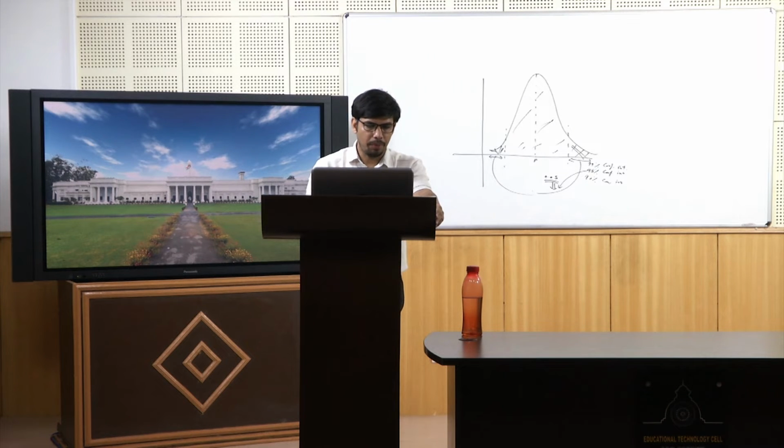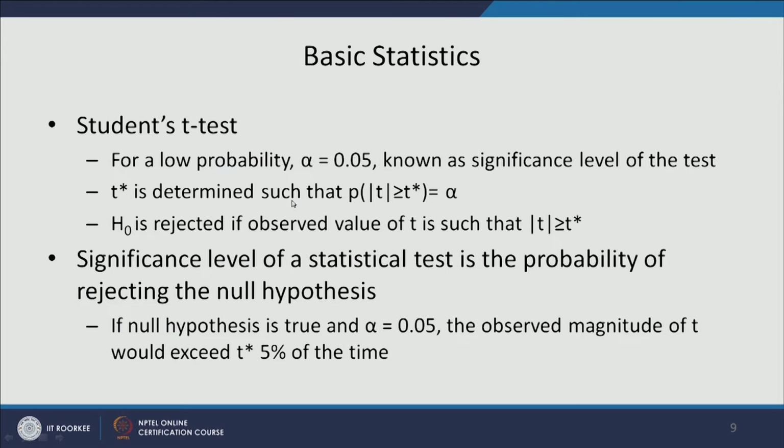We generally compute this t asterisk value, which is determined in such a way that the probability of the magnitude of the observed t value being greater than this t asterisk value is alpha. Once that t asterisk value is determined, we compare it with the observed t value, and if the magnitude of the observed t value is greater than t asterisk, then the null hypothesis is rejected.